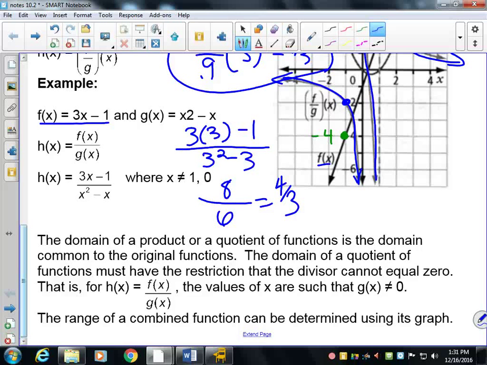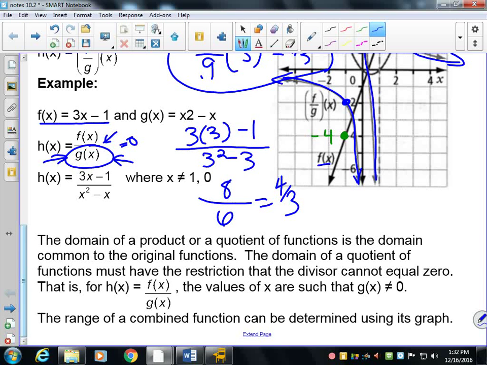But there's a point in this graph where things don't exist. When do things not exist for x's? When you're dividing by 0, okay? So in this case, it's going to be when our g of x equals 0, our domain does not exist, right?